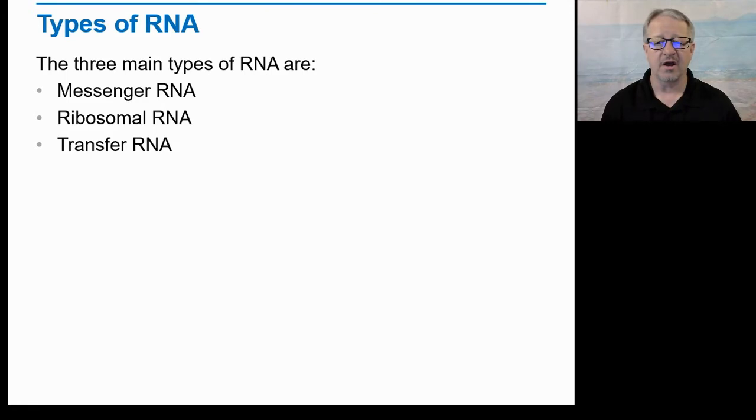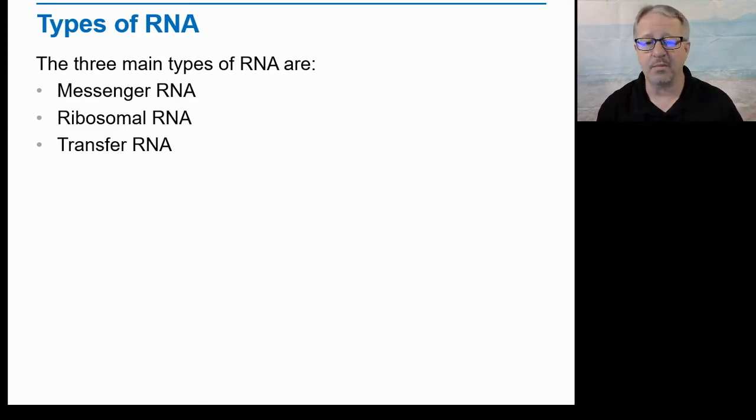Okay, so there are, again, 3 main types of RNA. You see them here. They are messenger RNA, also known as mRNA. There's ribosomal RNA, known as rRNA, and then transfer RNA, which is tRNA.